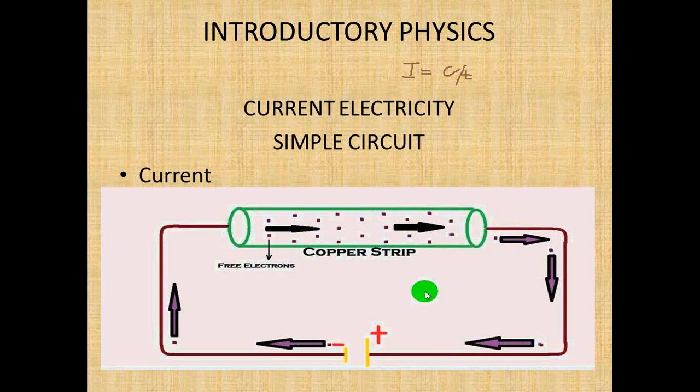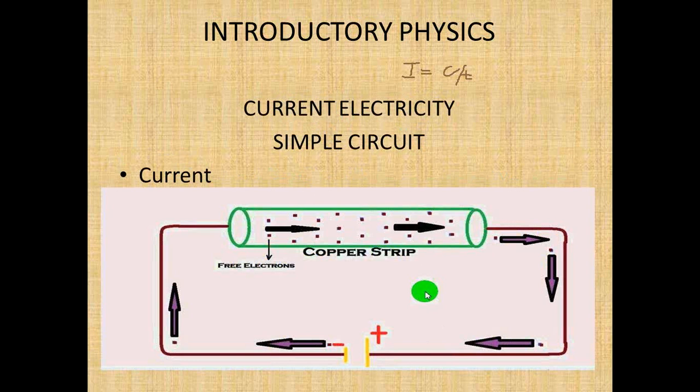Say the wire is a copper wire. When the electrons are moving, they move in a very haphazard, zigzag fashion.